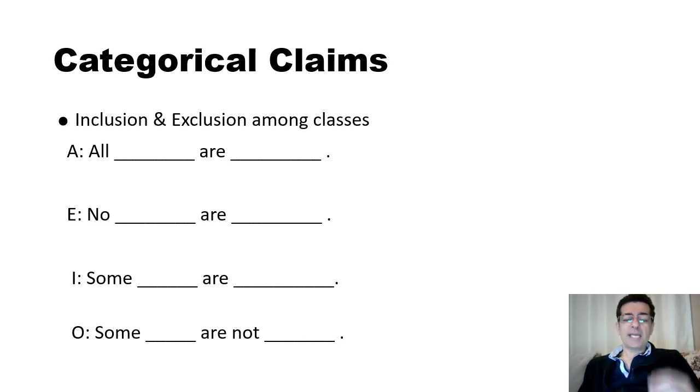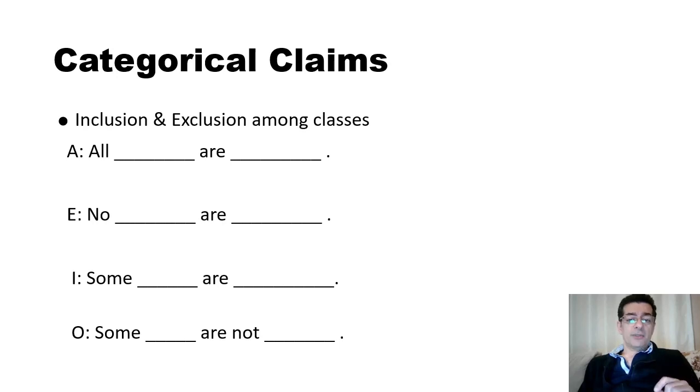Now, if we make a claim about a group or a class or category, what should we call it? We call it a categorical claim. For instance, if I say the Greeks are Europeans, I'm thinking of a group of people that I label as Greeks, and then another class or category that I call Europeans.